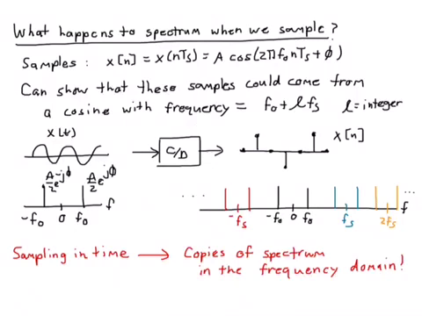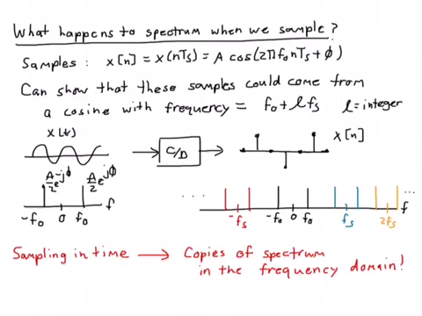When we take samples in the time domain, we get x[n], which is just x(t) evaluated at multiples of Ts, so n Ts. Plugging into our formula for x(t), we get x[n] = A cos(2π f0 n Ts + φ). Here's the time domain signal, and here's its equivalent frequency domain representation. We run it through a C to D box and get out this series of samples.